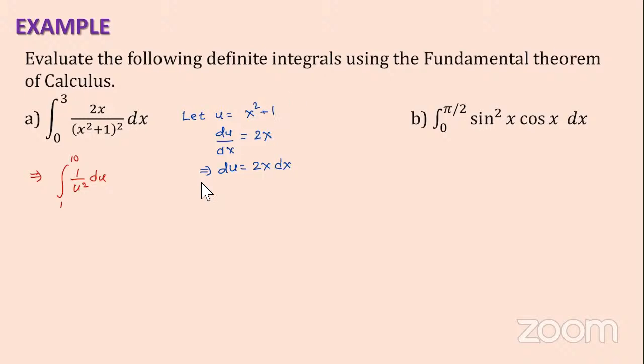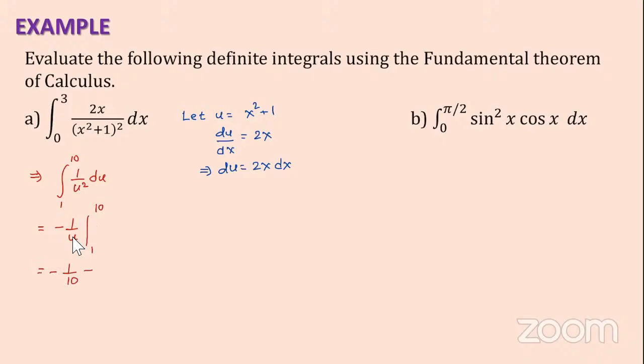Now we can easily integrate this function. The integral of 1 over u squared is negative 1 over u, evaluated between 1 and 10. Now we can simplify this using the fundamental theorem of calculus. That is, we plug in the upper limit for u, which gives negative 1 over 10.